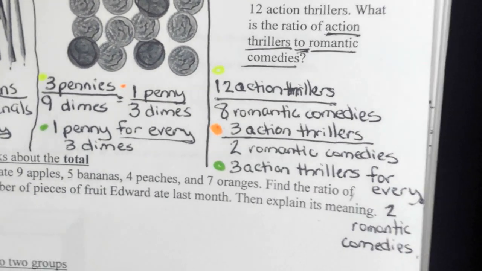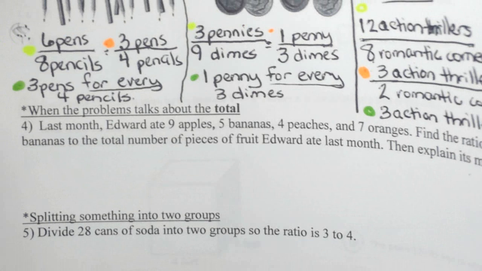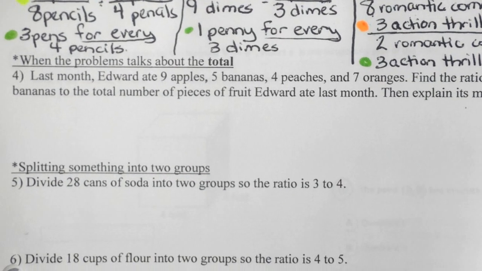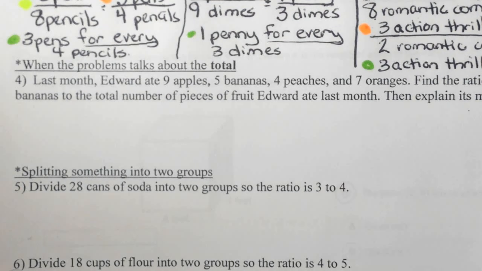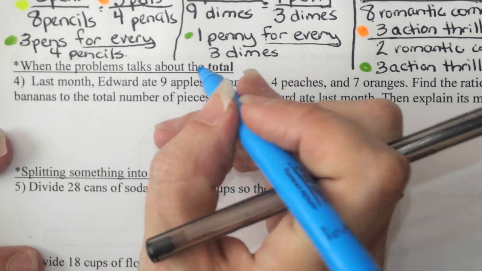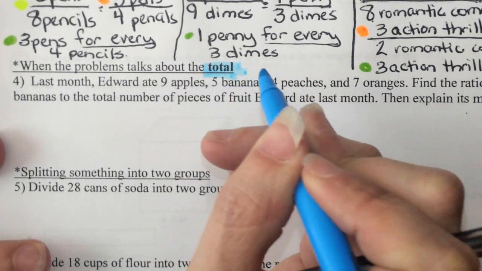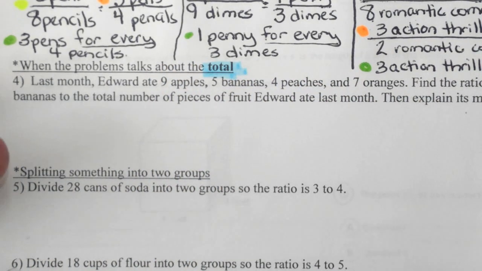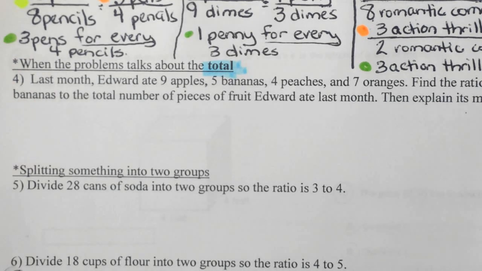Now, this next part is kind of the other style of what they're asking us to do. This is when they use the word total. And I need you to see the word total. We all know that a total means we're going to add it all up. Well, now instead of comparing like shoes to socks, we might compare sneakers to all the shoes in the shoe store.